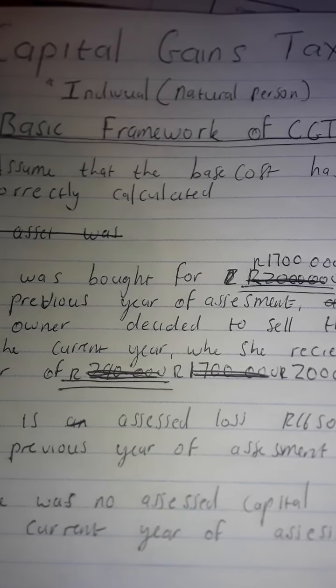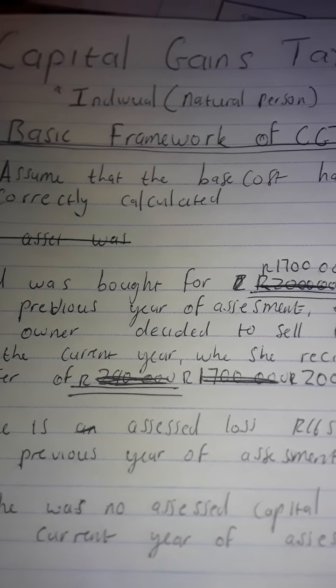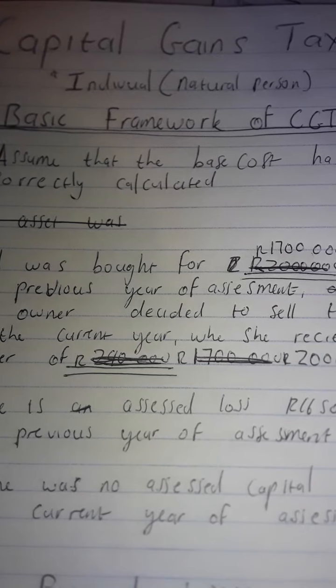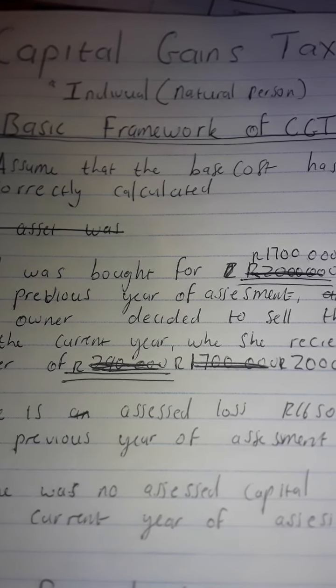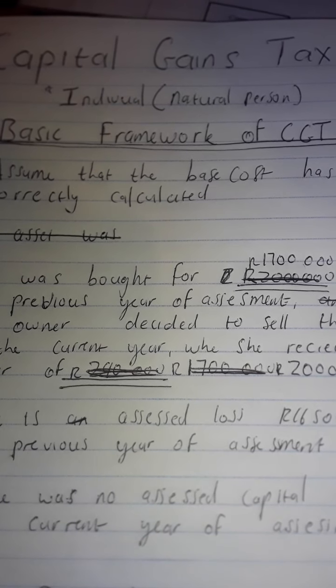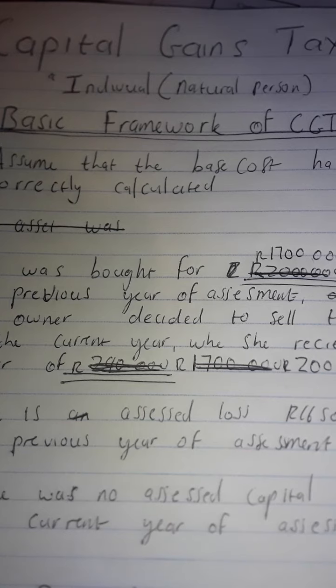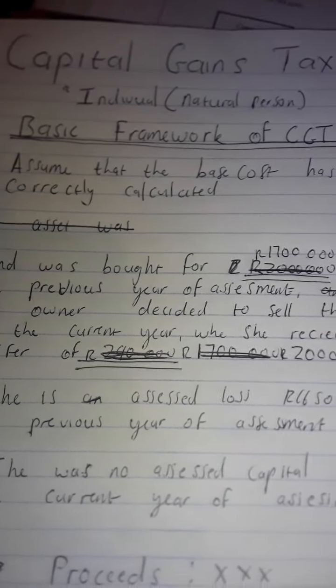Now guys, as I promised in part one, we're going to be looking at capital gains tax in detail. For this one, we are going to be looking at capital gains from a natural person's, an individual person's, perspective, a natural person as defined in the Income Tax Act. You can check that out.